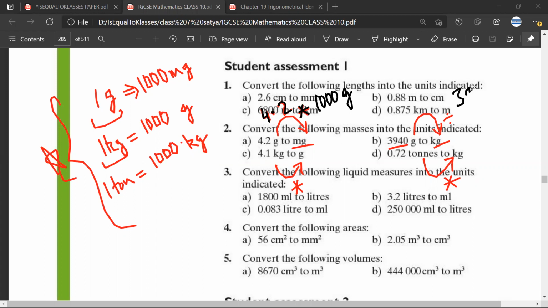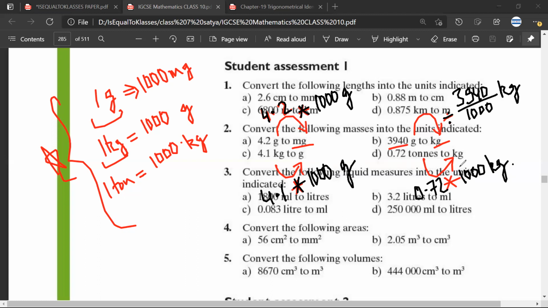I should divide 3940 by 1000. So it would be 3.94 kg. 4.1 kg to gram. I should multiply 4.1 by 1000. It would be 4100. 0.72 ton to kg. I should multiply by 1000. So it would be 720 kgs. Sarthak, any doubt?